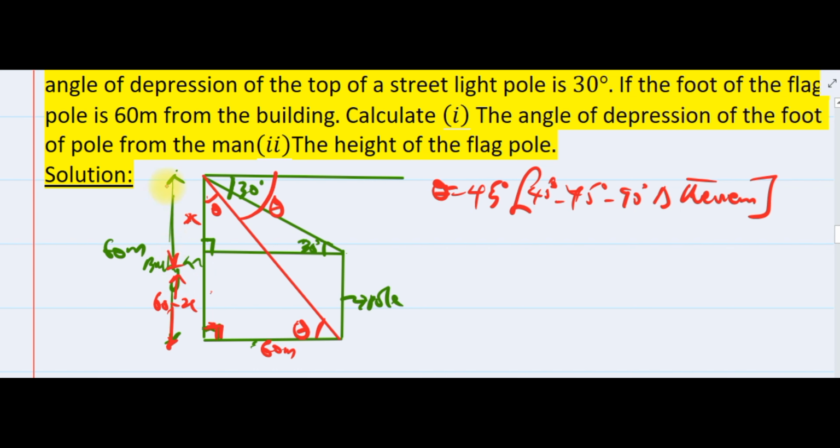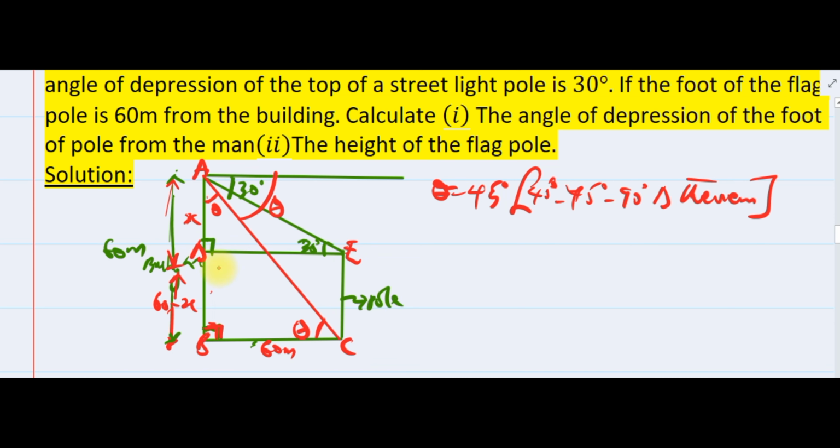Why? From here to here is x. So 60 minus x is the height of the pole, because from here they are the same. Let me label the points A, B, C, D, E. So DB and EC are the same.